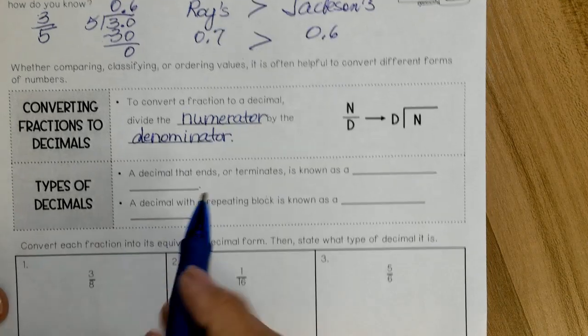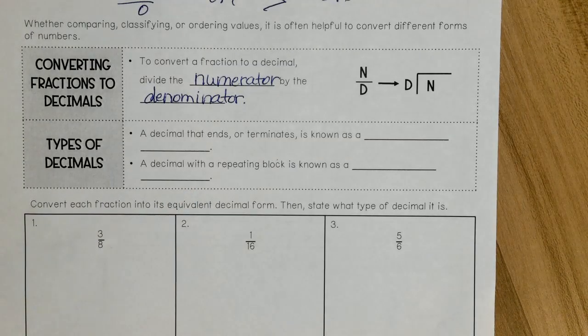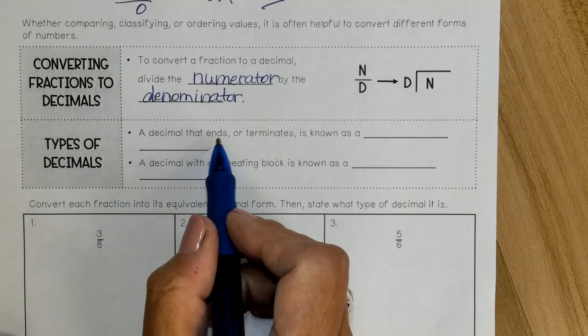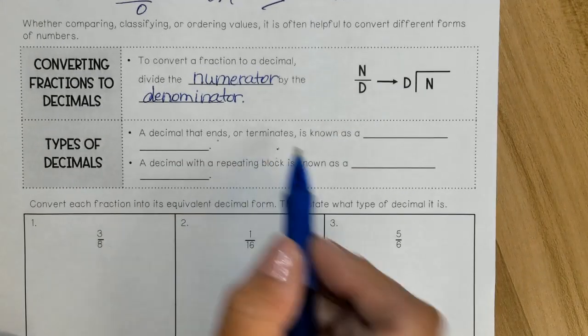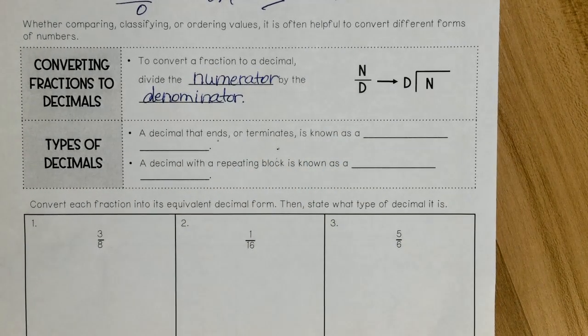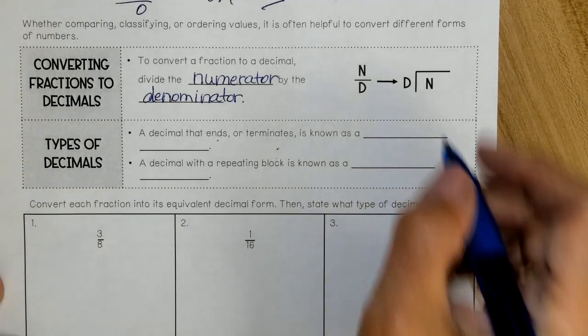Okay? Now, we're going to look at two different types of decimals today. We're going to look at a decimal that ends or terminates is known as a, anybody know? If it ends or terminates. It's a terminating decimal. Okay?